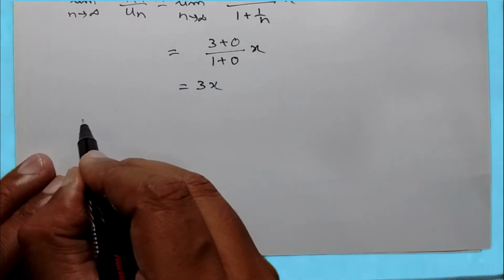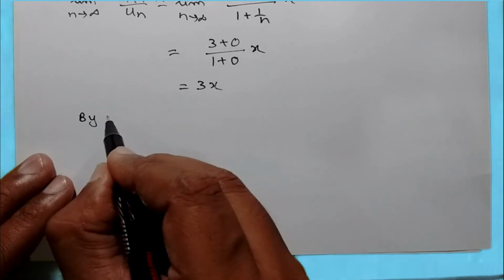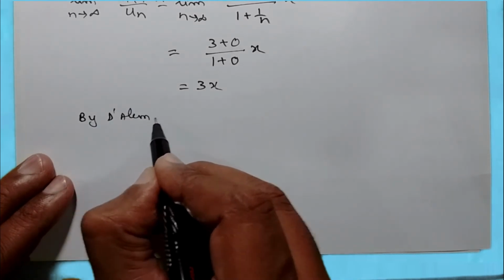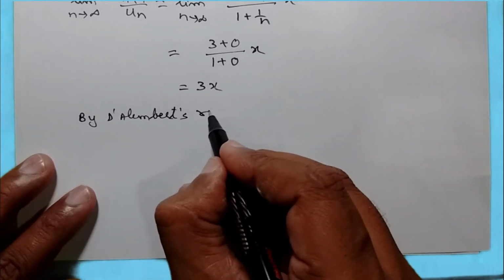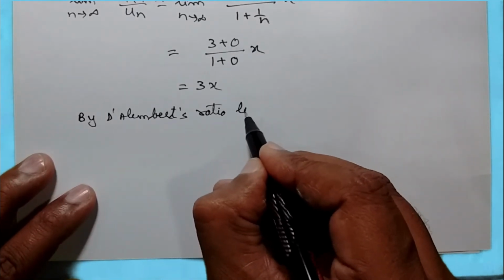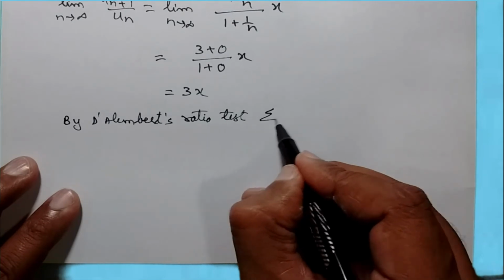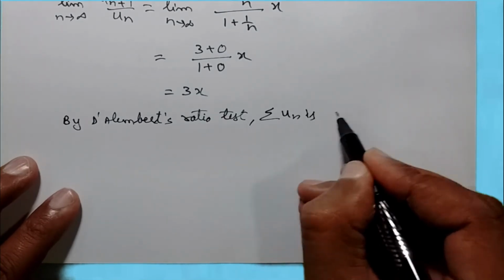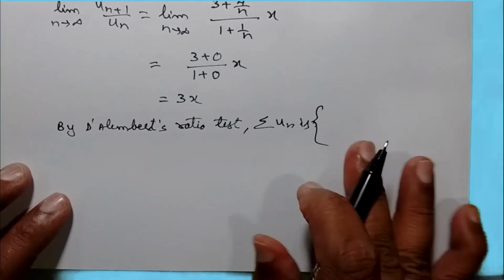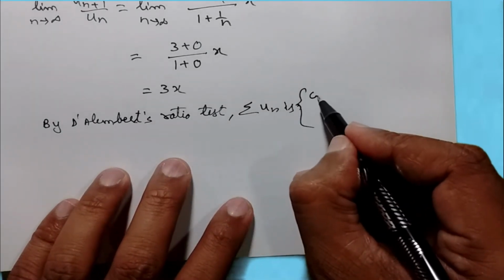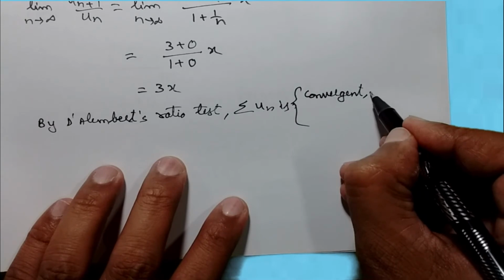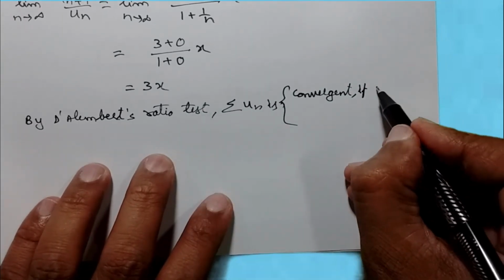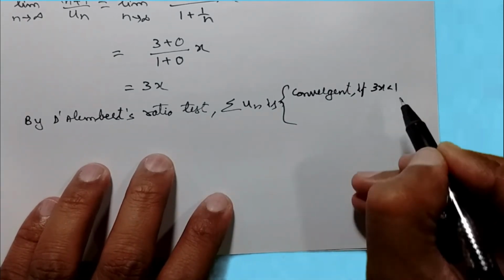So by D'Alembert's ratio test, summation of un is convergent when the value of 3x is less than 1.